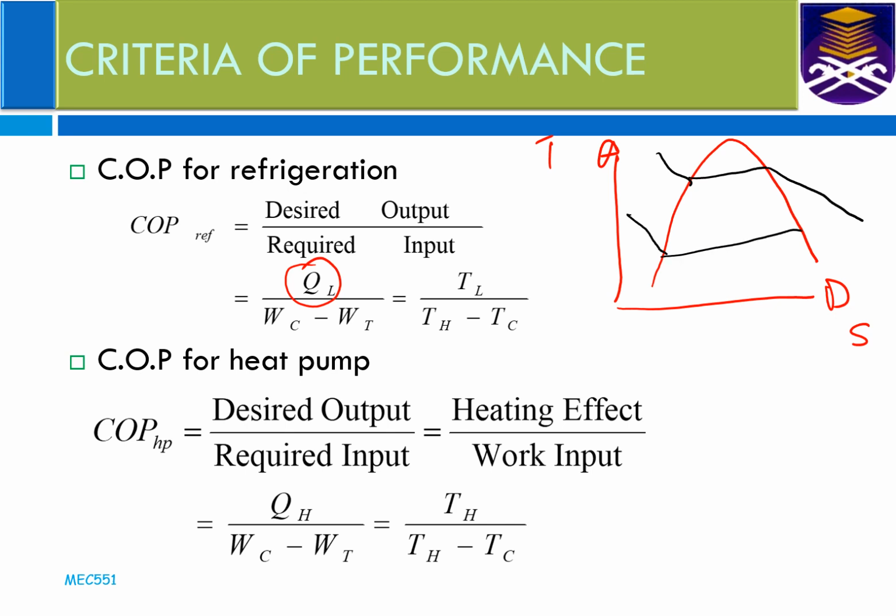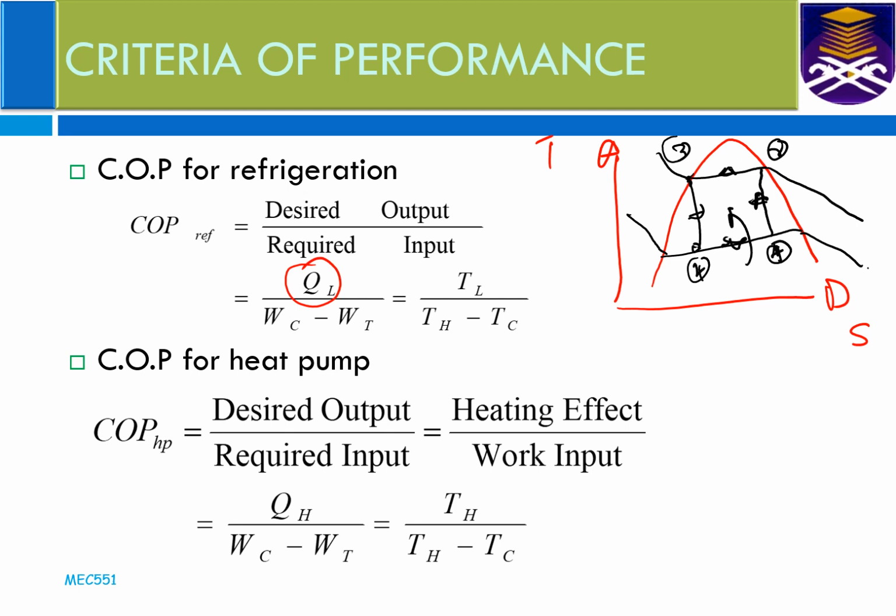This is low pressure. So this is 1. Okay, this is a compression 2, and then 3, and then go back to 4.